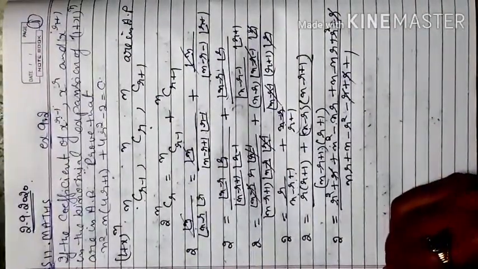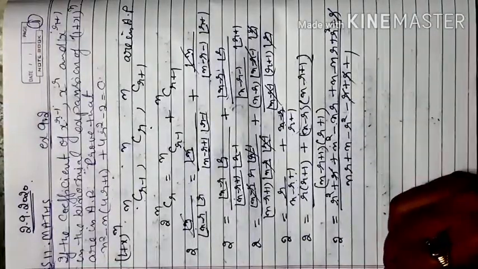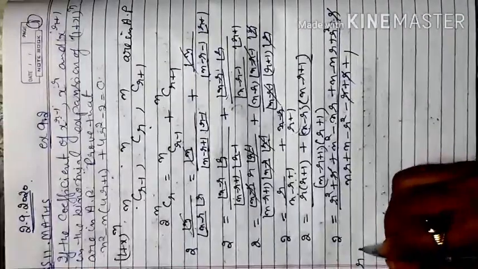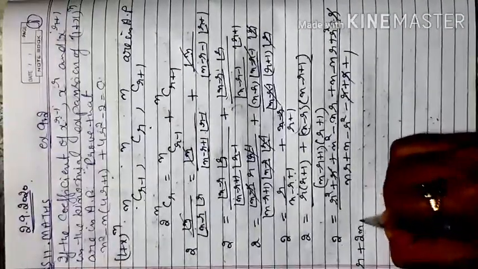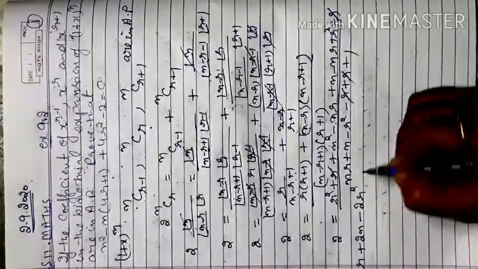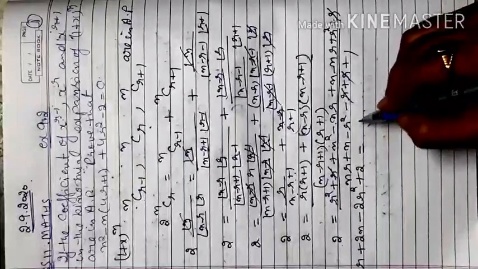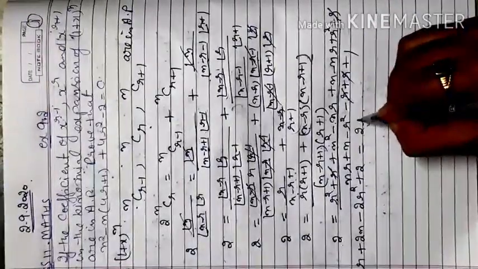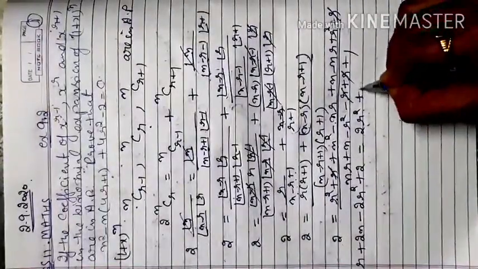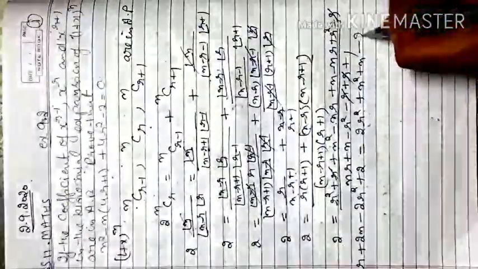So if I multiply 2 with all the terms here in the denominator, cross multiply, that will be 2nr plus 2n minus 2r square, then plus 2, and on the right side what is left? r square plus r square is 2r square plus n square plus n minus nr, and minus nr is minus 2nr.